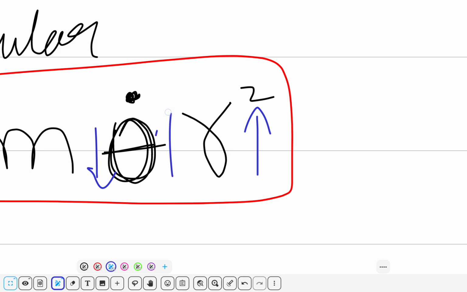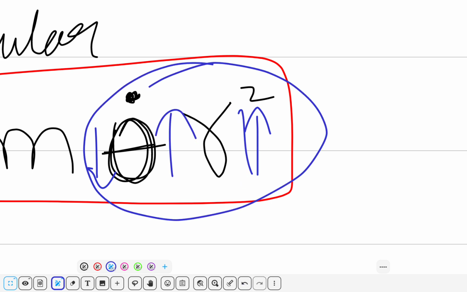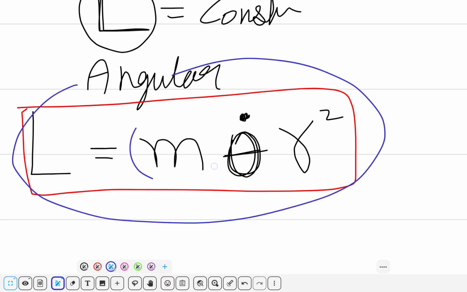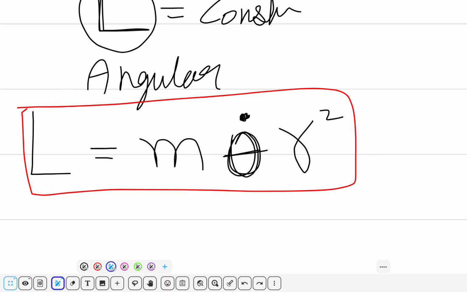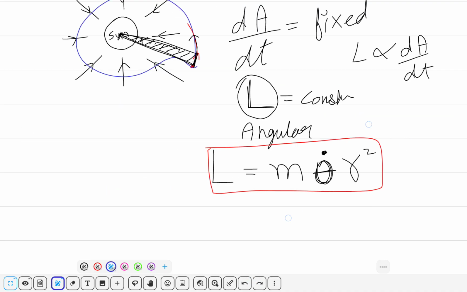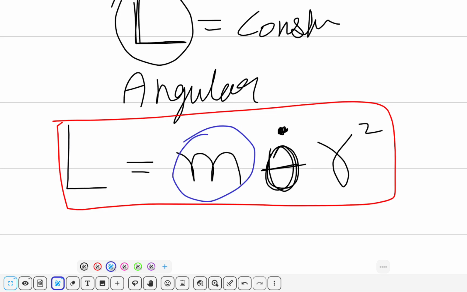If this increases, this will decrease. They always balance each other out, such that this overall value is constant. This is just constant. It's just sitting there unless the particle is going very, very fast, close to the speed of light. Unless that, we are good with this.